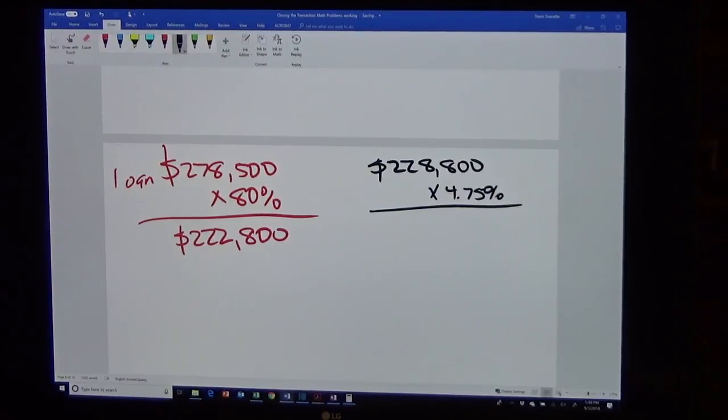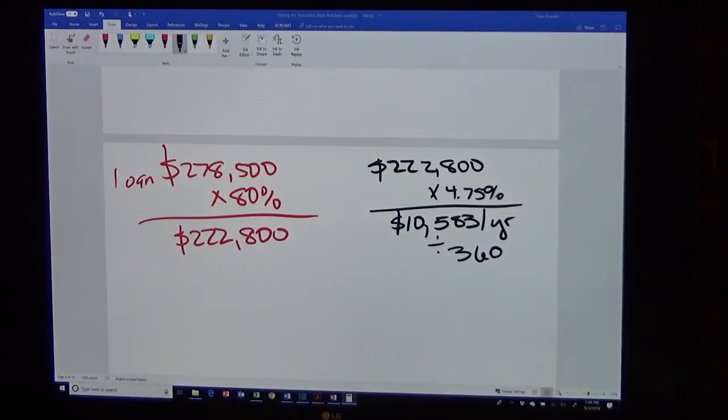I can't read my own handwriting apparently. That's $10,583 per year in interest, and we want to divide that by 360 because we want to break it down into daily.